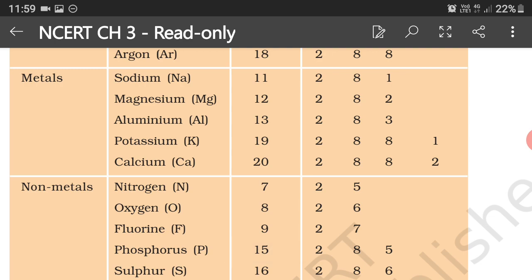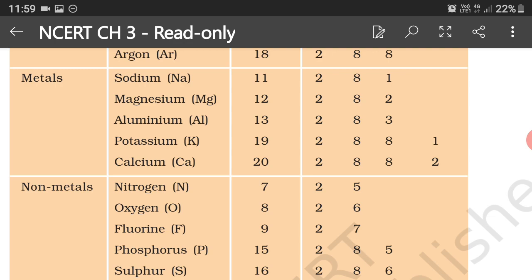Similarly, fluorine will have 7 electrons. These are the valence electrons in its outermost shell, and the valency will be calculated as 8 minus 7 equals 1. Phosphorus has 5 valence electrons, so the valency will be calculated as 8 minus 5 equals 3.